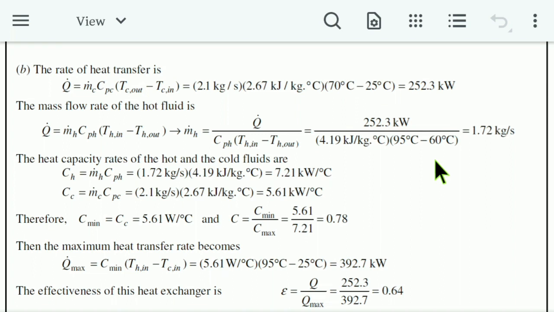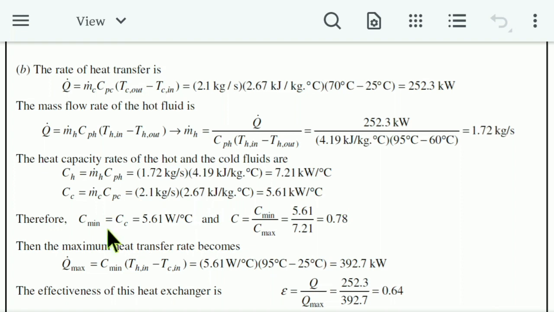So we know the value of CPH, CPC, and the mass flow rate for hot fluid as well as cold fluid. So we can determine the value of Ch and Cc. So the value of Ch is m dot h into CPH, so 7.21 kilowatt per degree Celsius, and the value of Cc is m dot c into CPC, 5.61 kilowatt per degree Celsius.